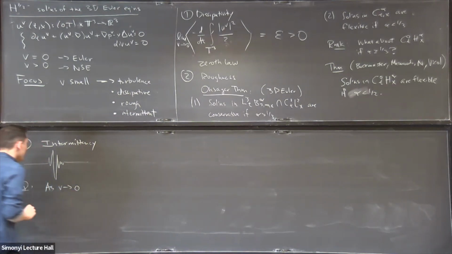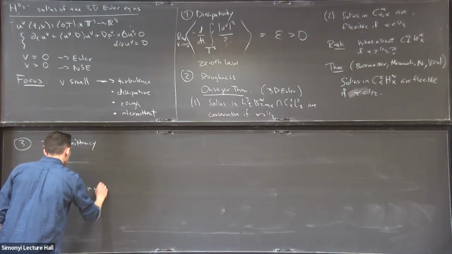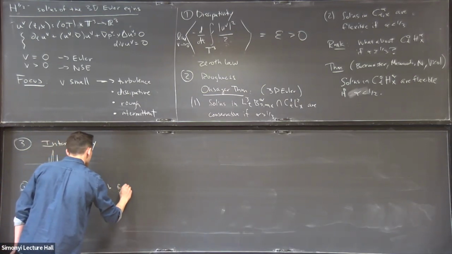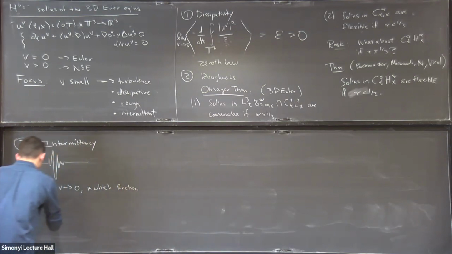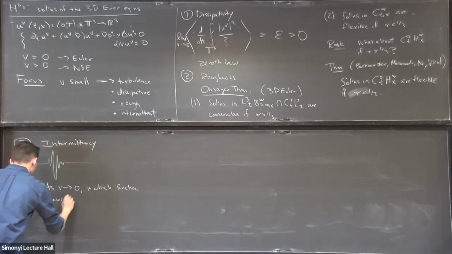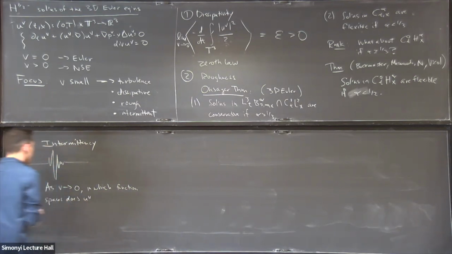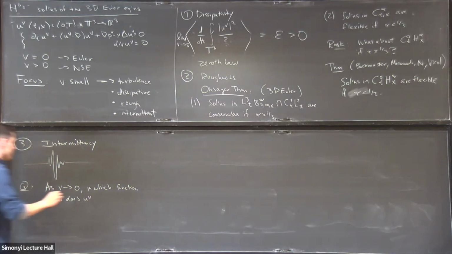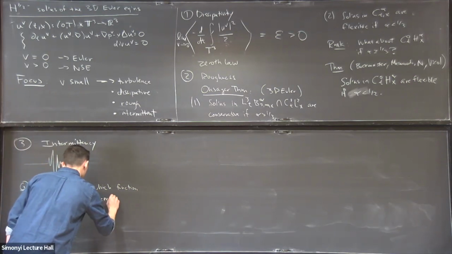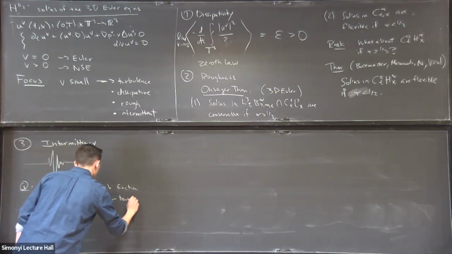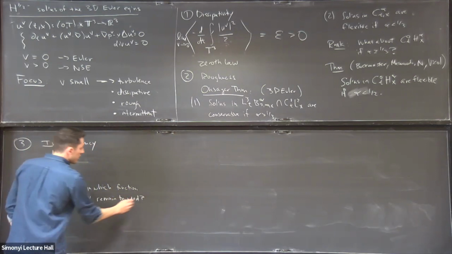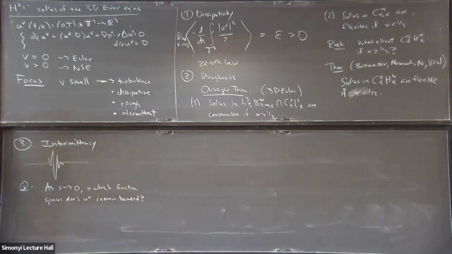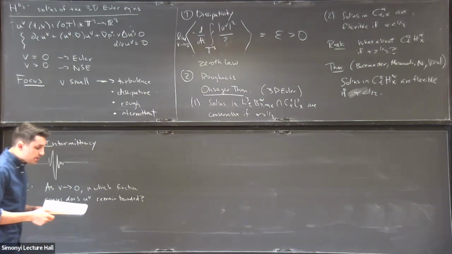And in order to tie this into solutions of the Euler equations or the Navier-Stokes equations, one could pose basically the following question. As ν approaches 0, in which function spaces does u^ν remain bounded? And another way of saying this would be, in which function spaces should I look for solutions of the 3D Euler equations?